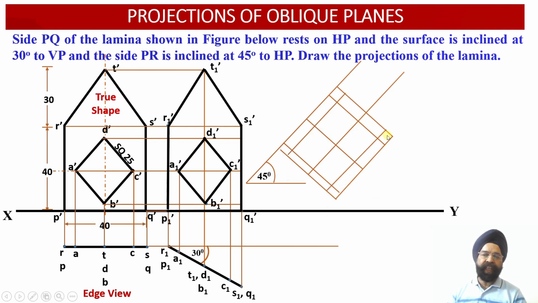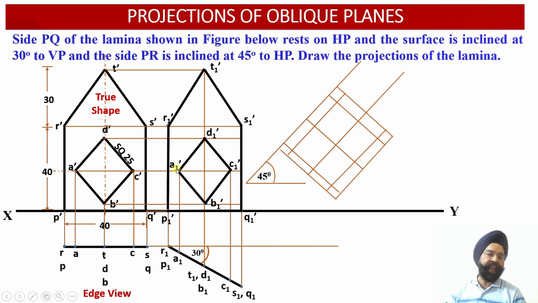Now, two vertical projector lines we have drawn corresponding to this distance, corresponding to this distance, and we have also marked the center line of this particular square hole which is there within this lamina. So please check, it is this height which we have marked over here. This is the height. So this height, once we mark this distance and this distance, we mark it corresponding to this one and this distance over here.